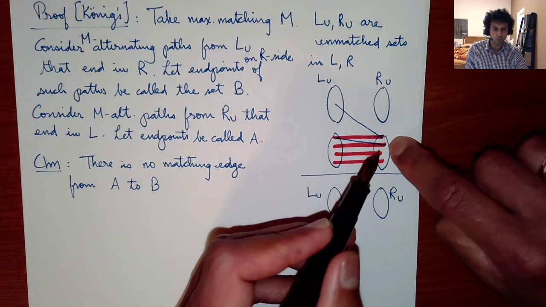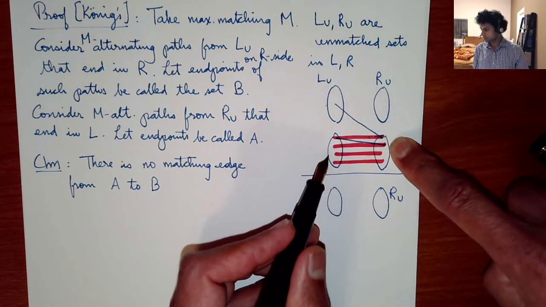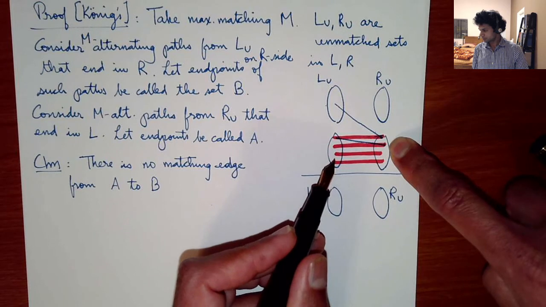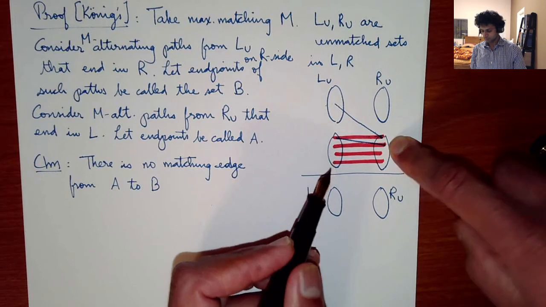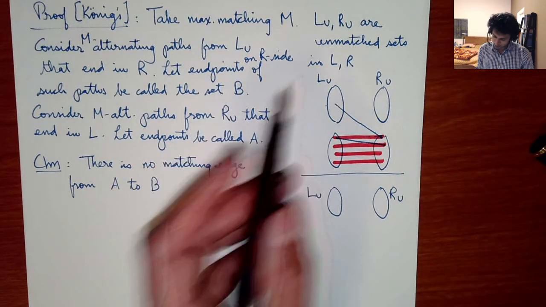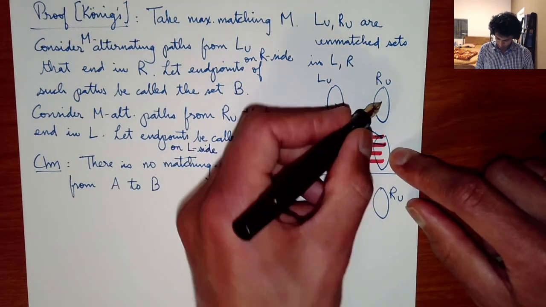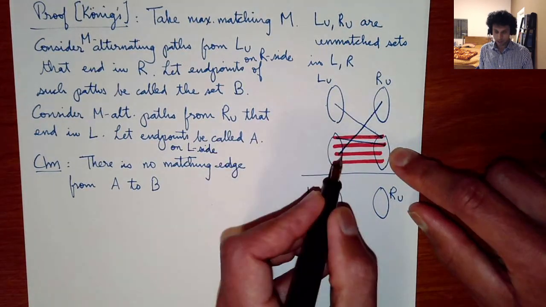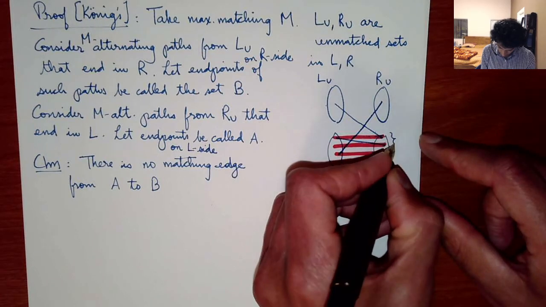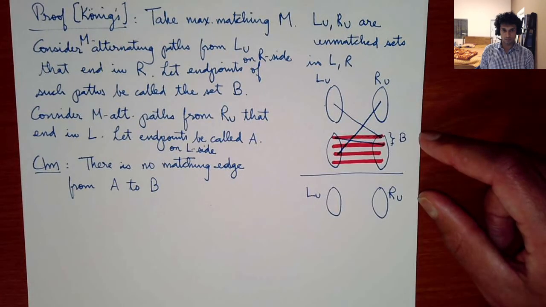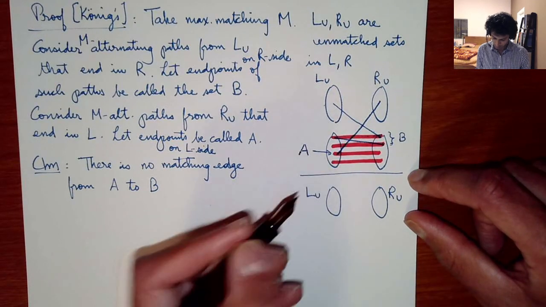That endpoint on the R side is B. And if you did it from RU, then you would get A, the endpoint on the L side. So you start from RU, and you end up with that vertex there, which is going to be in A. These vertices here constitute B. Of course, there could be many vertices.